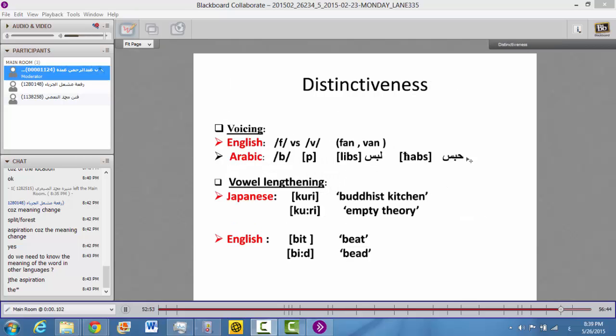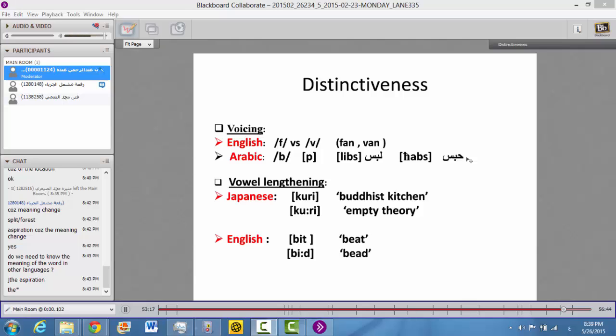Voicing in English is considered a distinctive feature. Like when I say fat and vat, fine and vine. By replacing it by va, you are producing a new word. In Arabic, we have habs and labs. Try to say bab, bab. Say bab.